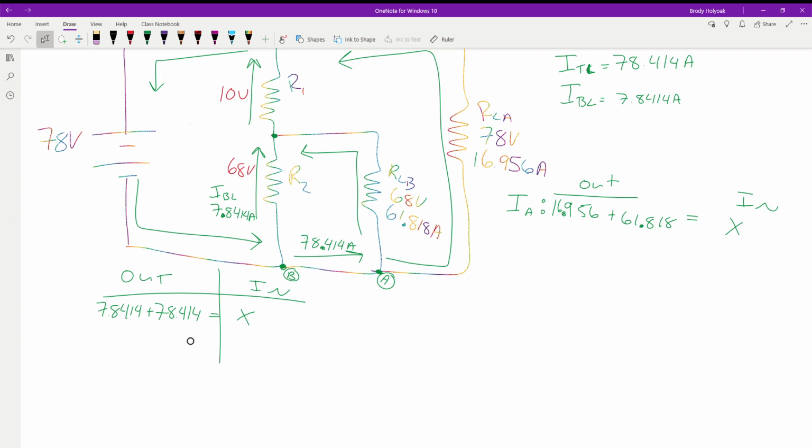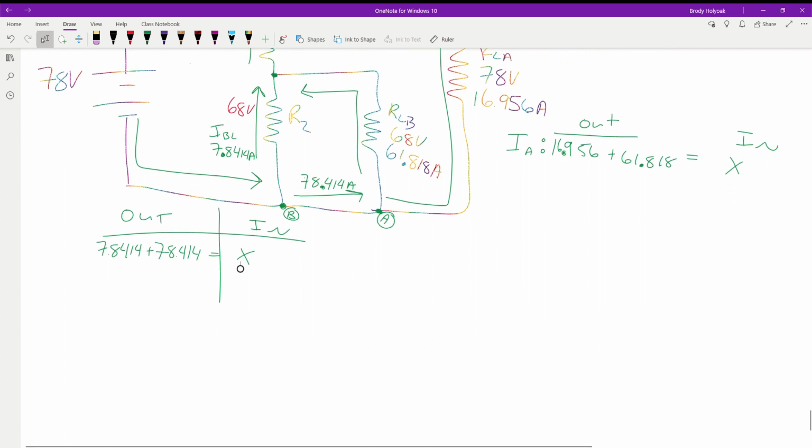So at this point, we put in our unknown, we solve for it, and the current that we have to have coming into this node is also the total current. So all we're doing is finding the currents coming in and out of each individual leg.